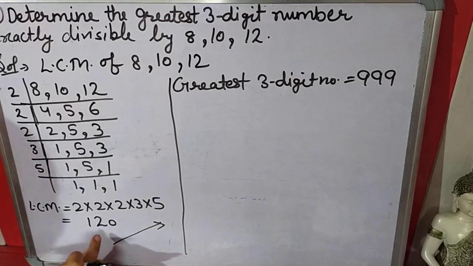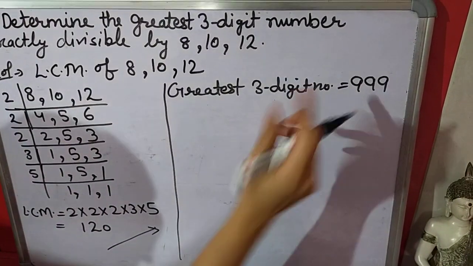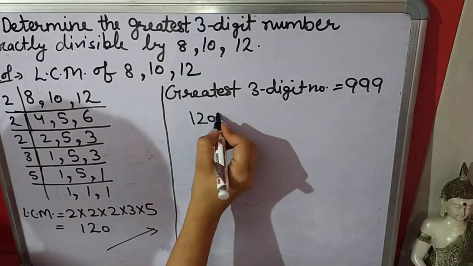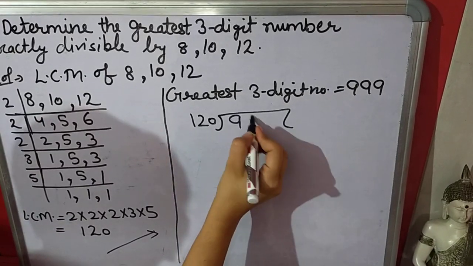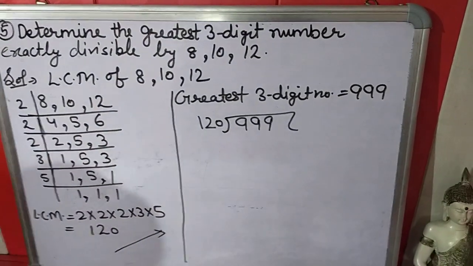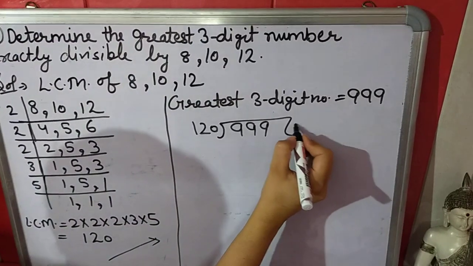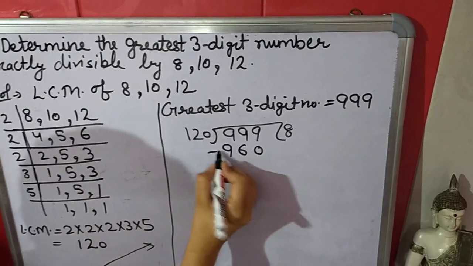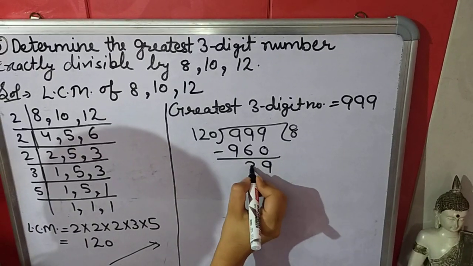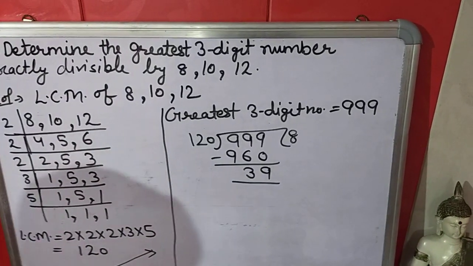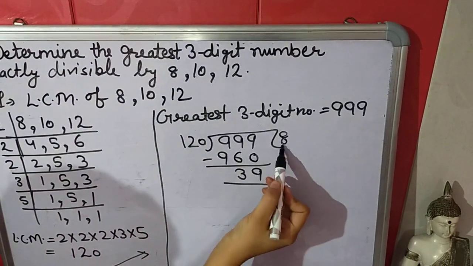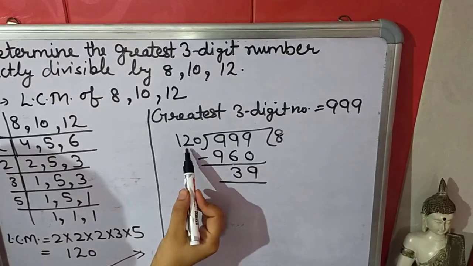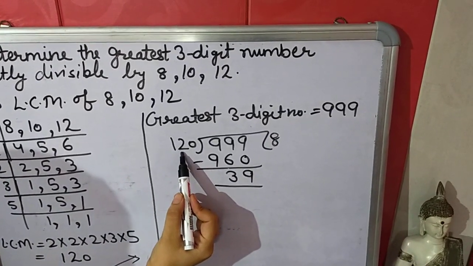So for this we have to divide 999 by 120. Now it will go in the table of 8. 120 eights are 960. 960 is a multiple of 120.